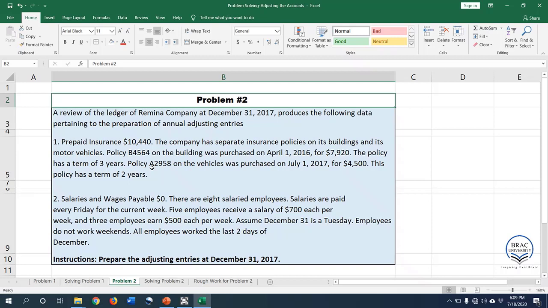Next, we have another policy for the motor vehicles, which was purchased on July 1, 2017 for the price of $4,500. So we purchased this policy for $4,500, and this policy has a term of 2 years. That means this insurance policy will give us insurance coverage of 2 years in total. Okay. So this is the information.